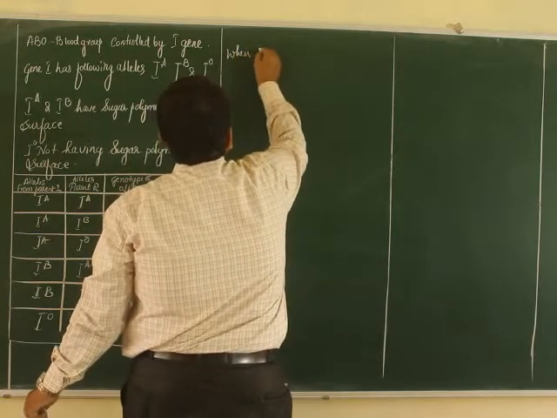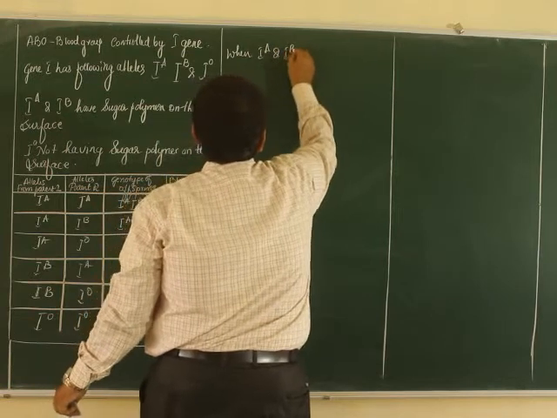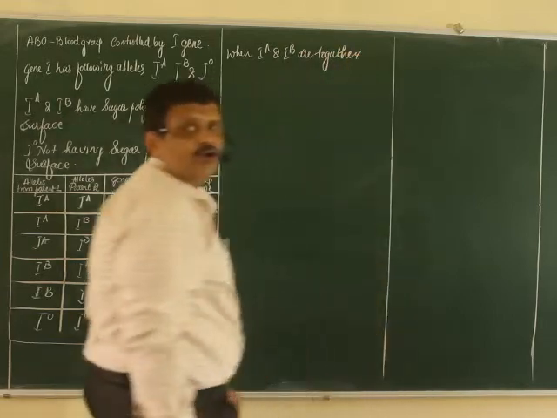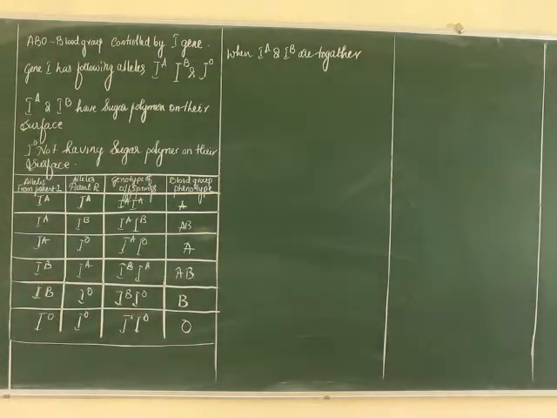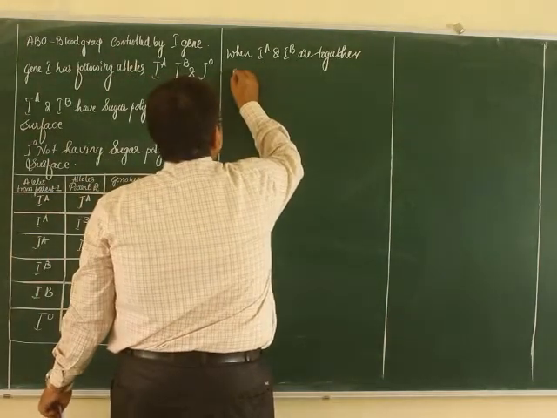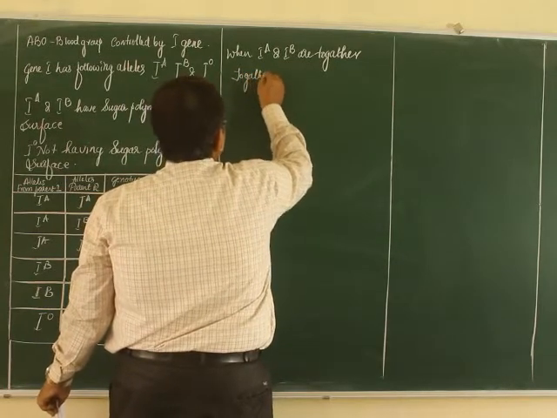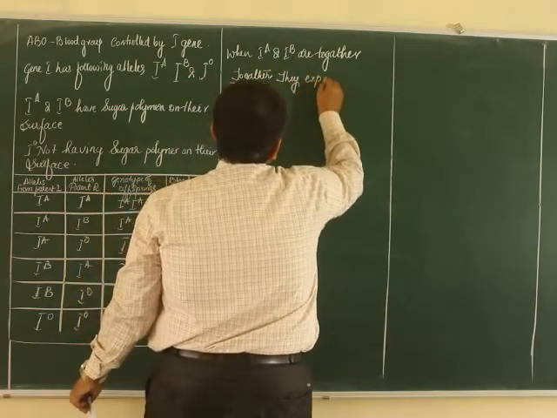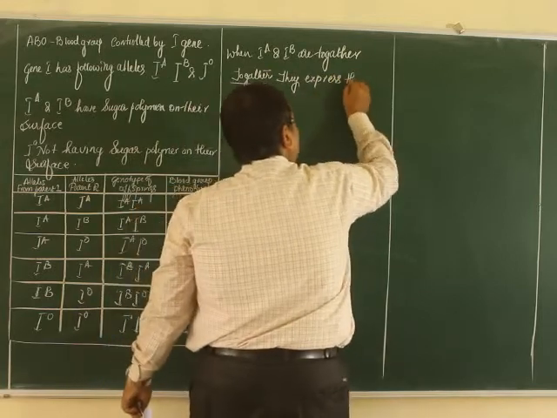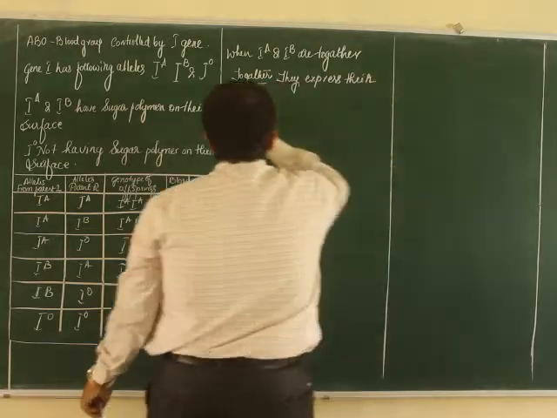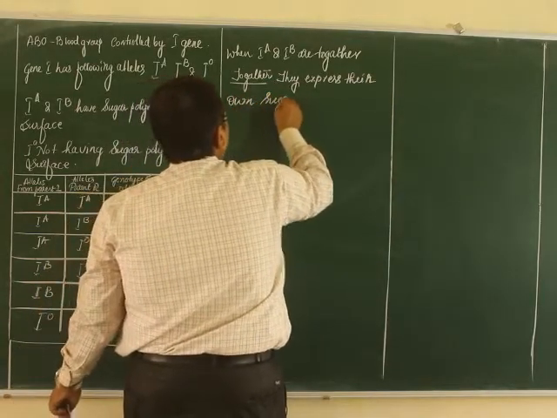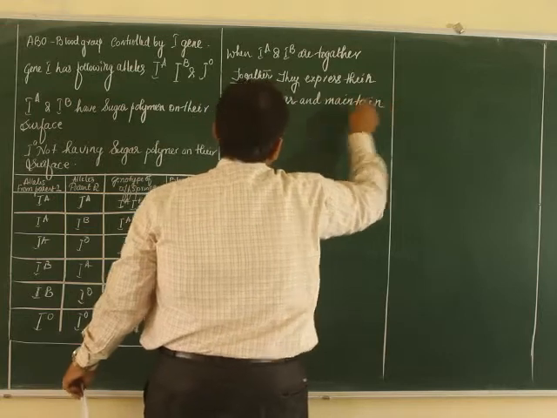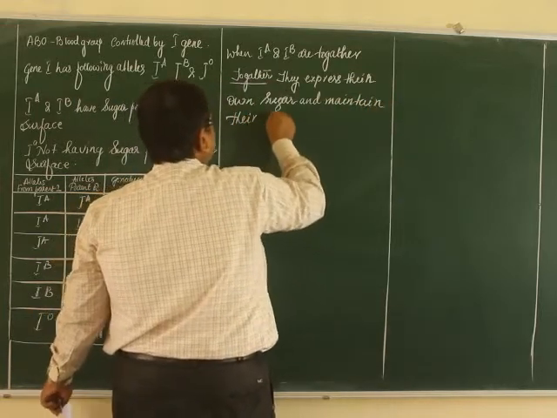When IA and IB are together, both express their own sugar and maintain their identity.